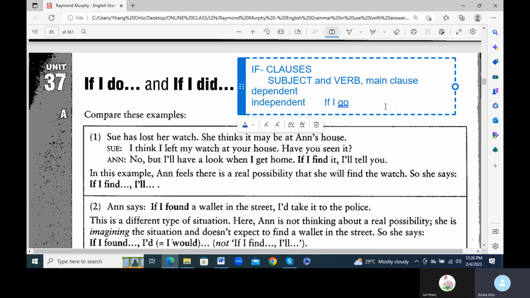It starts with the conjunction if, then it follows with a clause: I, subject, go, verb. You cannot completely understand this because it is a dependent clause. Then the independent clause will help in order to make a complete meaning.